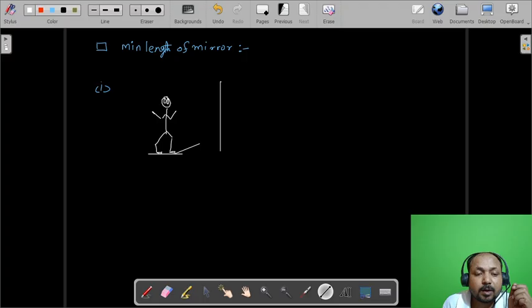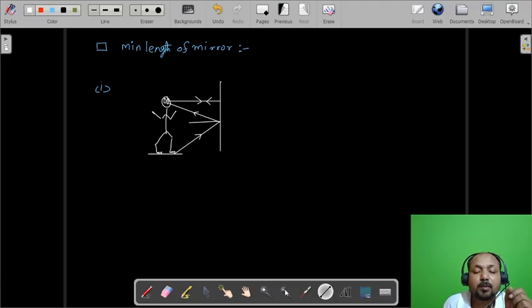Let's say this is the incident ray from the toe, and it will enter the eyes of the observer, which is the object itself. Here also the ray is incident from the object and enters the eye of the observer. In this case the observer and the object are both the same.